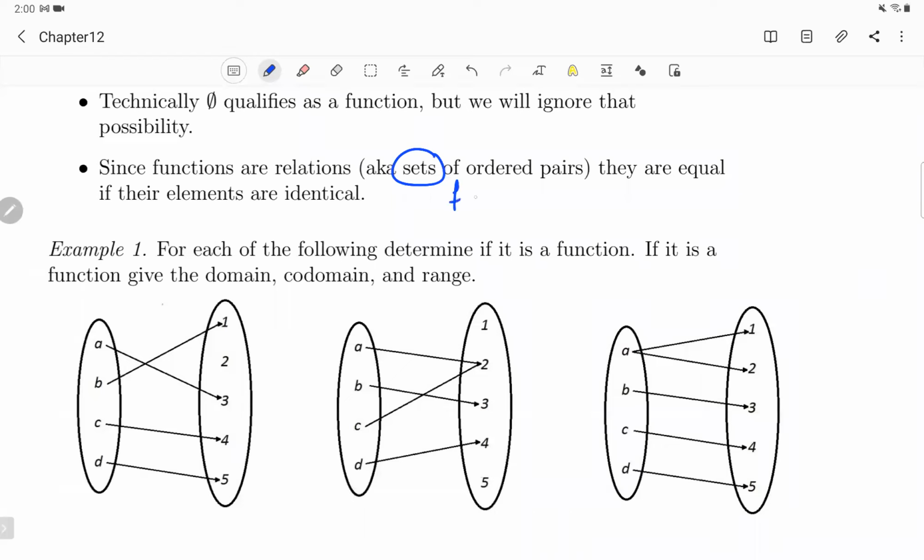If function f is, say, the ordered pair (1, 2) and the ordered pair (pi, 3), and function g is the ordered pair (1, 2) and the ordered pair (pi, 3), those are the same function, because no matter what I input, 1 or pi, I output the same thing. If I input 1, I output 2. If I input pi, I output 3. That's what we mean by if their elements are identical.